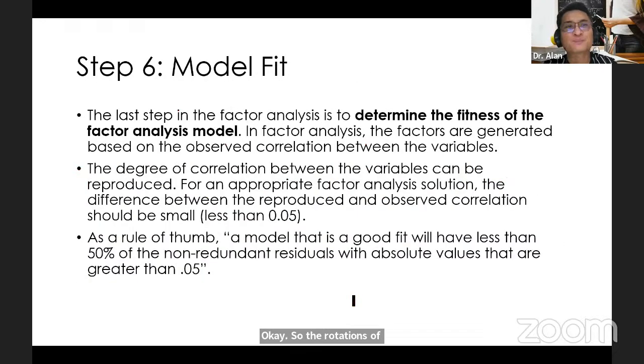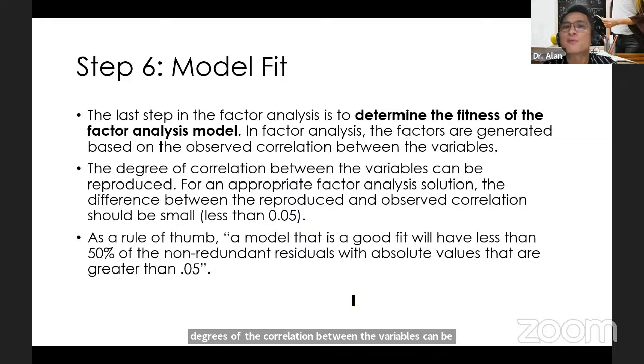Now, does the model fit or not? This is step number 6, the last step in factor analysis, to determine the fitness of the factor analysis model. In factor analysis, the factors are generated based on the observed correlation between the variables, and the correlation between the variables can be reproduced.